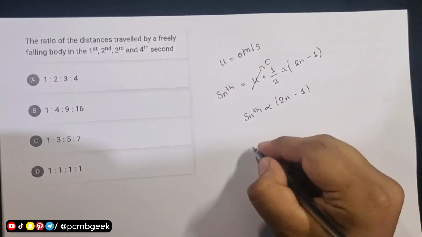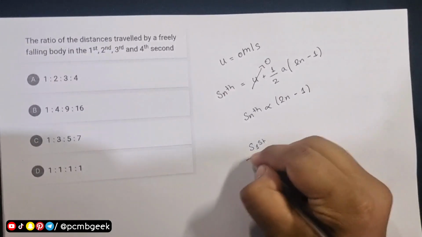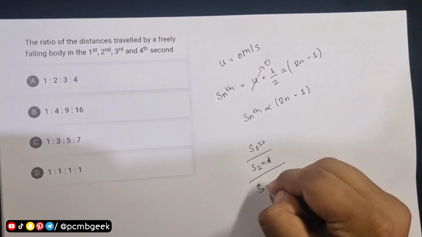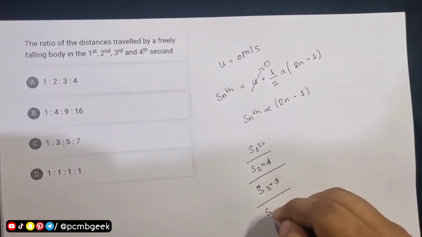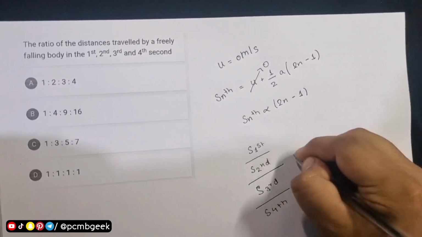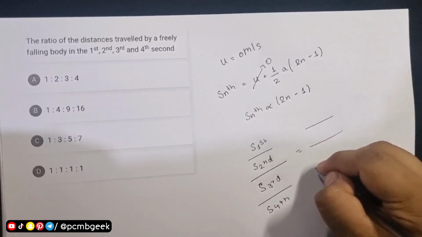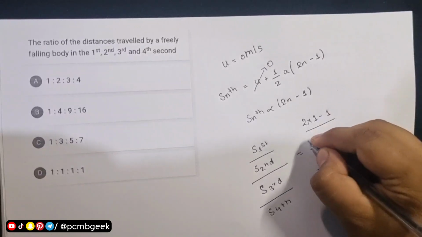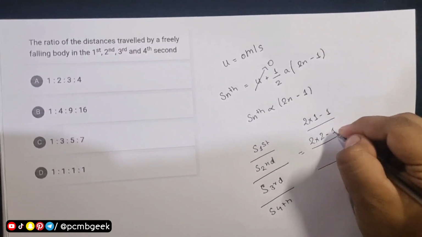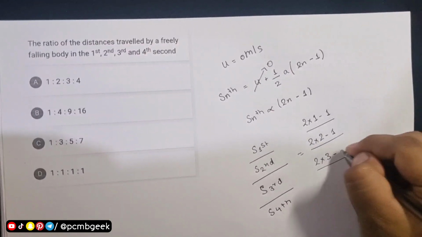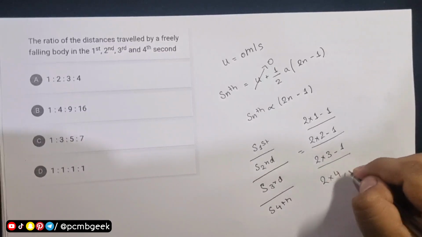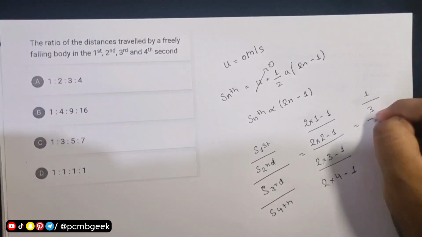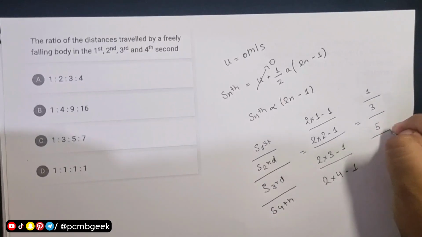If we calculate s first is to s second is to s third is to s fourth, we get 2 times 1 minus 1, 2 times 2 minus 1, 2 times 3 minus 1, 2 times 4 minus 1, that is nothing but 1 is to 3 is to 5 is to 7.